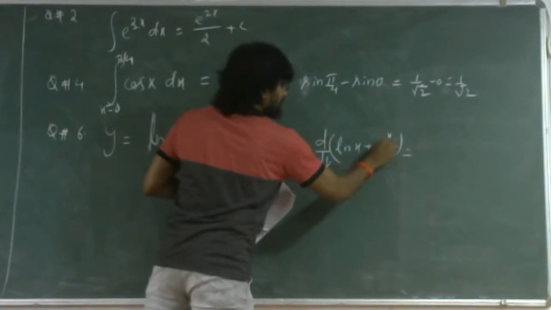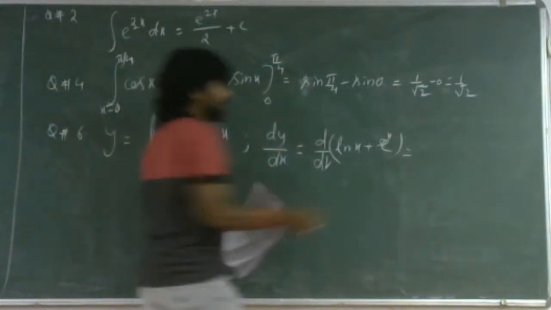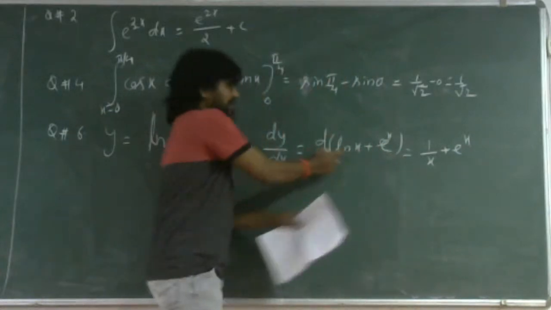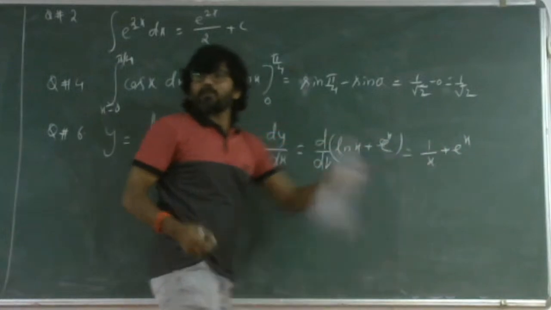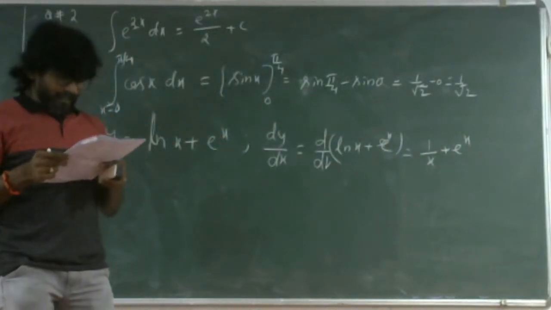So you have to apply some rule. Differentiation of log of x plus differentiation of e power x is equal to 1 by x plus e power x. So option again 4. 4 only, right?